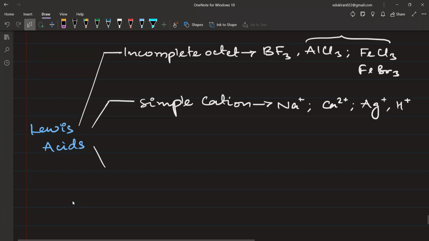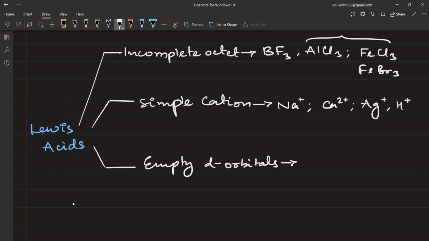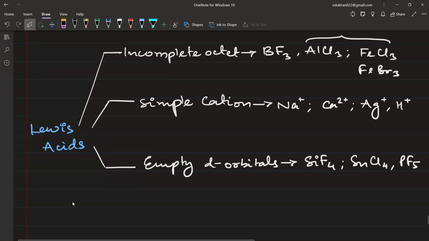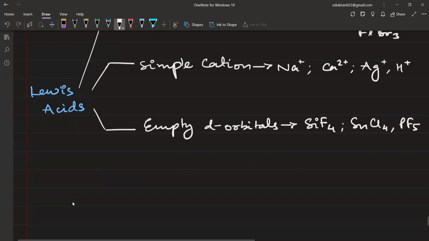Then come those which have empty d orbitals. These are not incomplete octet, but they have vacant d orbitals. So those after the second period, third period and onwards, have vacant d orbitals and they can accept some electrons there also. So SiF4, SnCl4, you can have PF5, all of these have empty d orbitals.